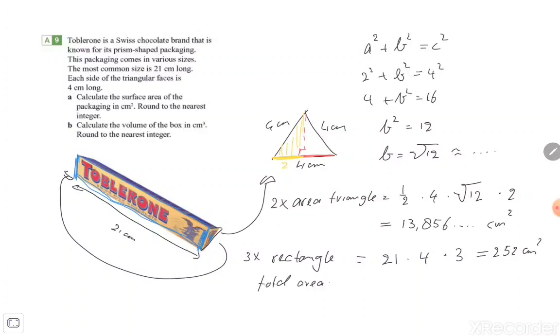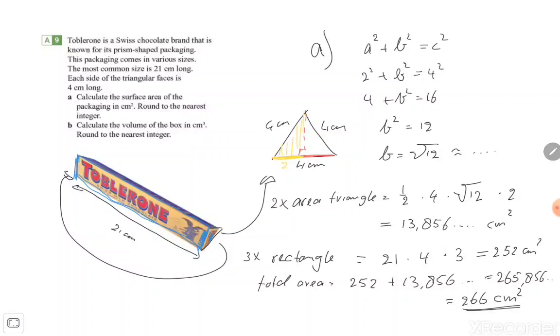The total area is the 252 plus the 13.856 etc. square centimeters, and that's a total of 265.856 etc. But we needed to round it to the nearest integer, so it is 266 square centimeters. Alright, so that's exercise A, to calculate the area of the packaging in square centimeters.